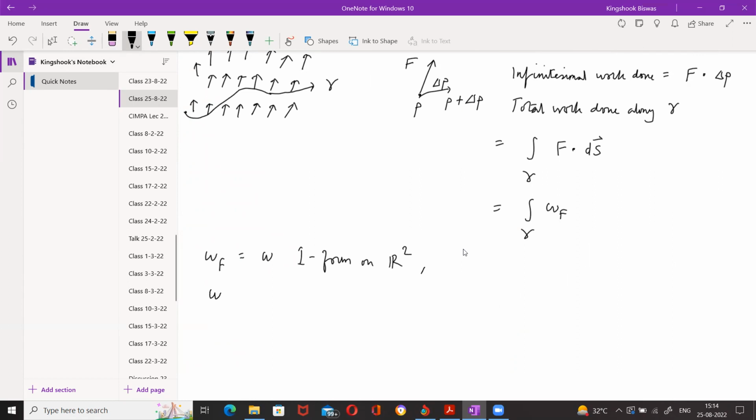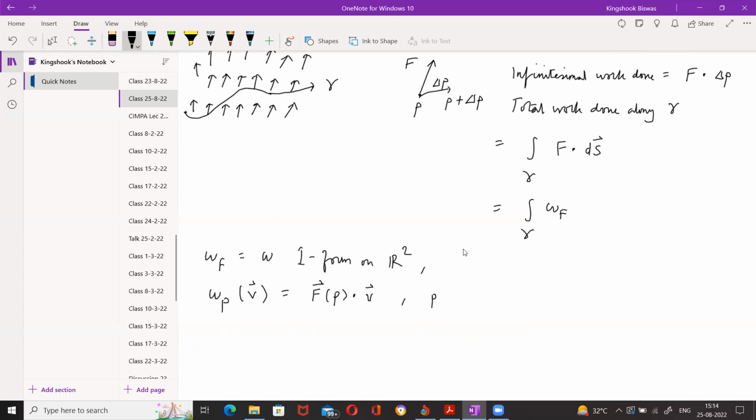What is the value of this one form at a point P acting on a vector V? This is nothing but the inner product or the dot product of the vector F at P dot V. Is this clear?